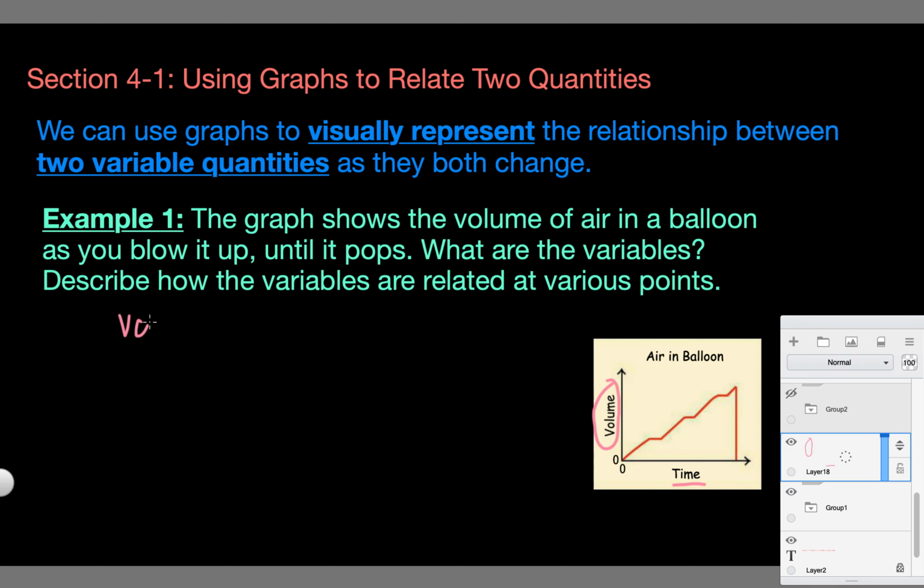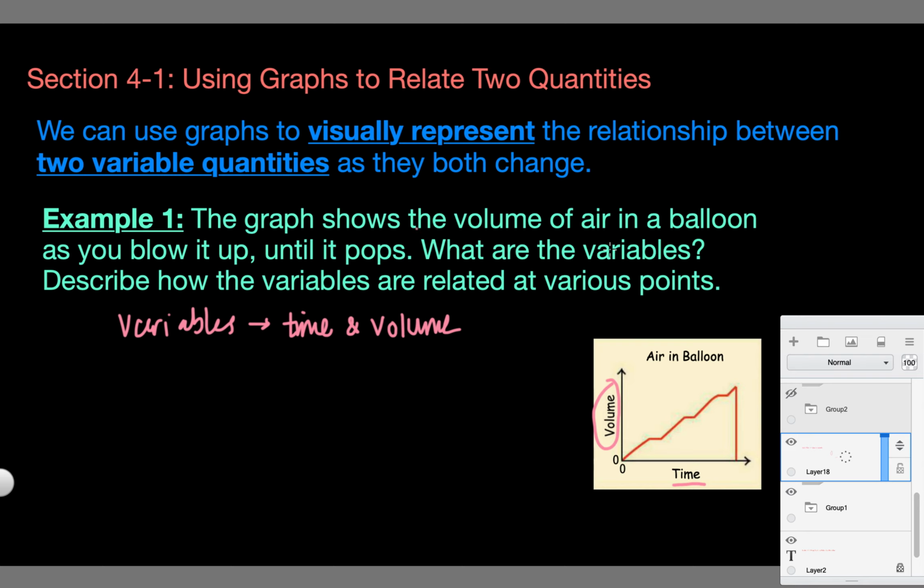So our variables are time and volume. So as we can tell, we want to start at 0. So as time increases, the volume is changing. So we're going to figure out what is actually happening.